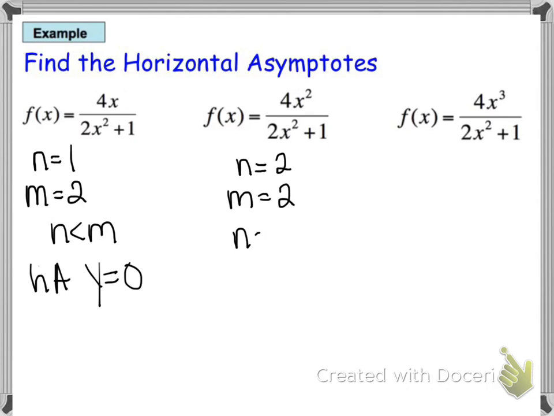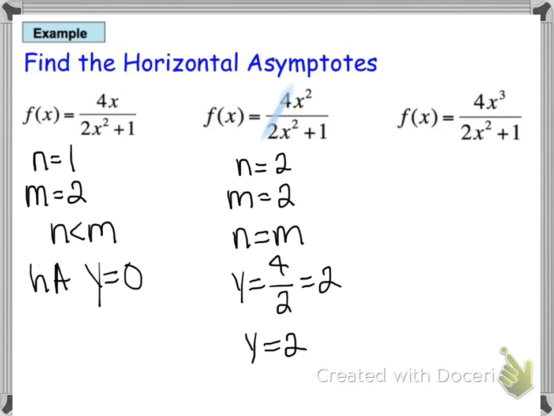Since n equals m, I need to take the leading coefficients, 4 divided by 2, to find the horizontal asymptote. So y equals 4 divided by 2, or 2. My horizontal asymptote would be at y equals 2.